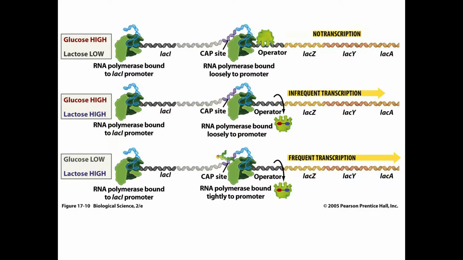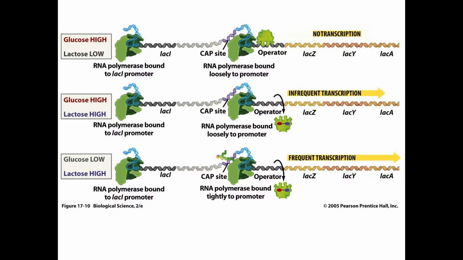Now, if lactose is high, then it's going to outcompete the glucose in the media, and you're going to have frequent transcription of the lac operon, because your regulatory protein is bound by lactose, and so it can no longer bind to the operator. So this pathway is constantly turned on in that case.